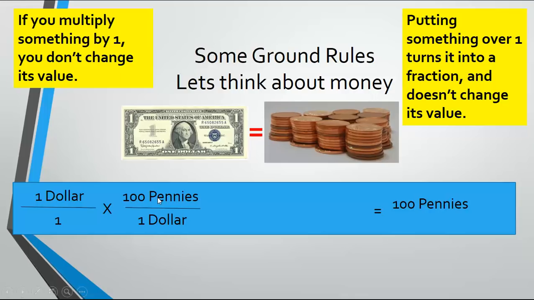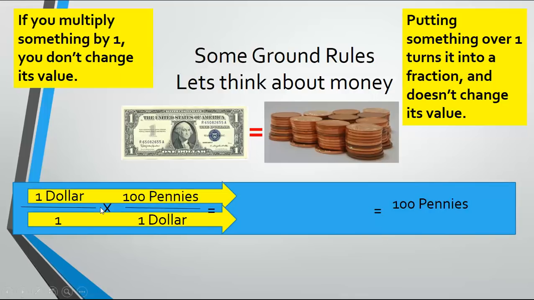The reason why I want to do this is because when you multiply across the top now and multiply across the bottom, the way you do with fractions, we'll have $1 times 100 pennies. That gives us $100 pennies. And then across the bottom, 1 times $1 is $1. Now this is a crazy unit, $100 pennies.